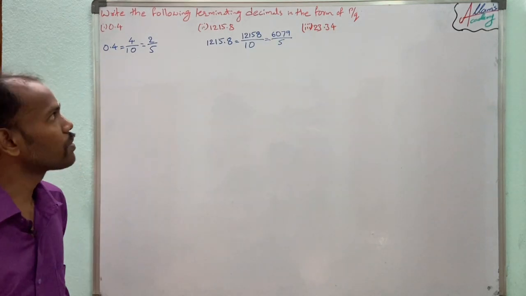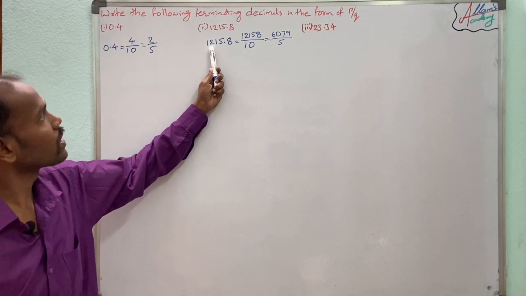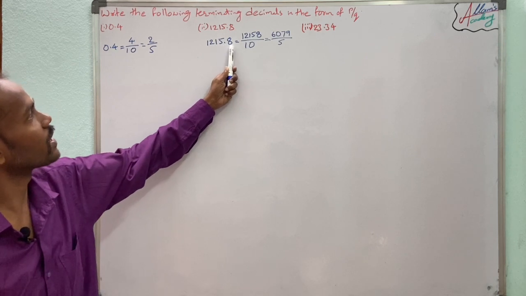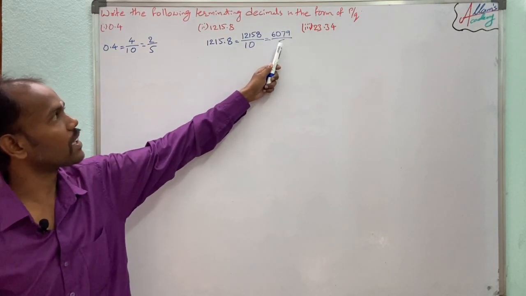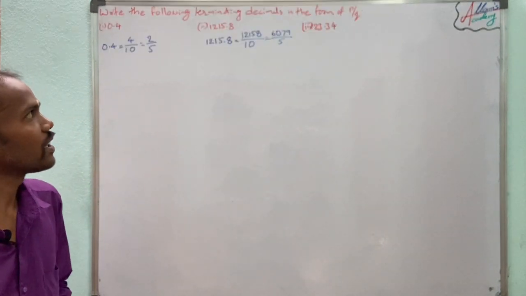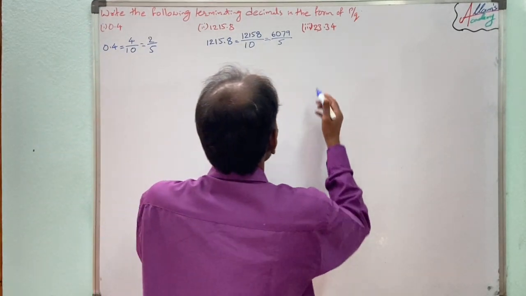So the simplified form of 1215.8 is 6079 by 5.